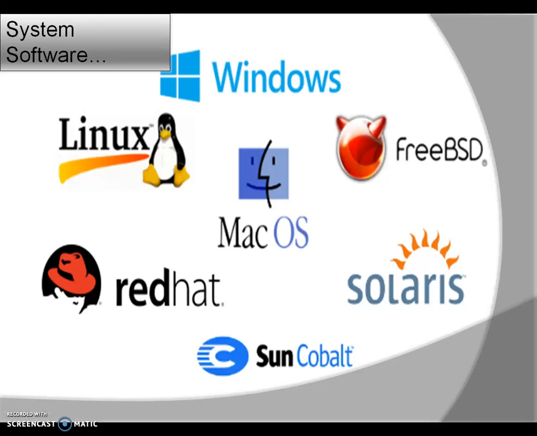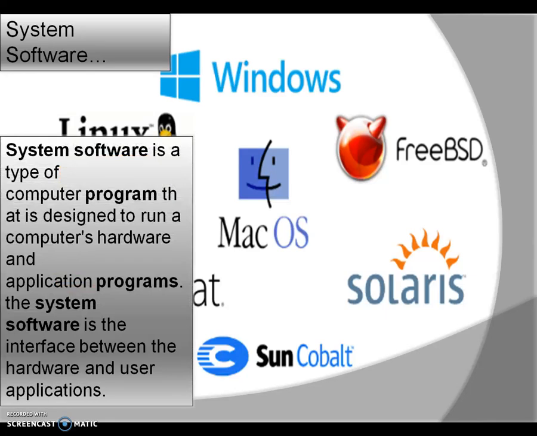As we know the importance of the operating system, whenever we switch on our CPU, it will load the OS from hard disk to the RAM. Then only our system will operate. Here is the definition of the system software. It states that it provides interface between the hardware and the user applications, which are nothing but application software.